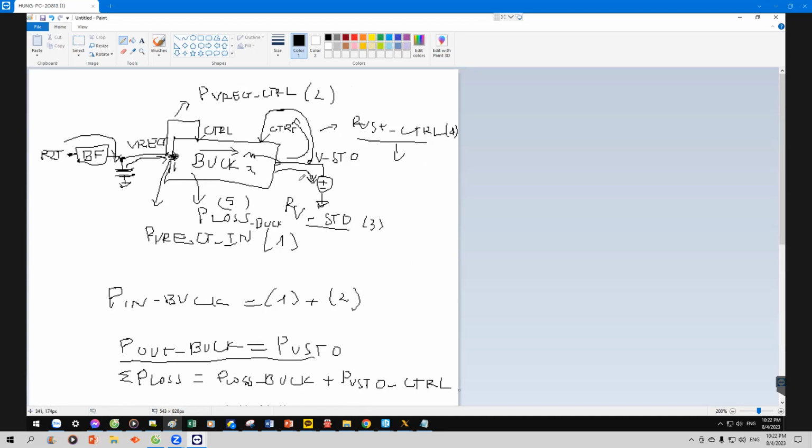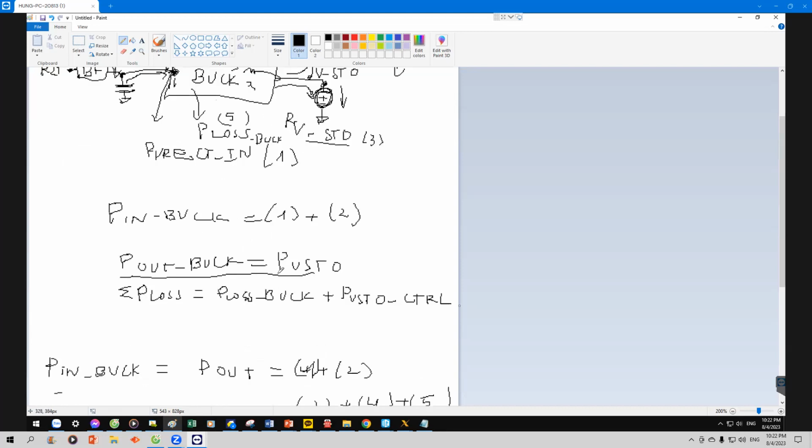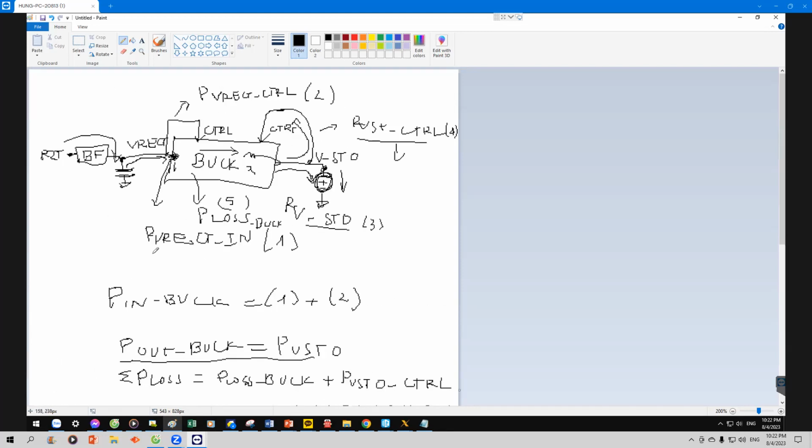So in simulation, the efficiency will be the input power going to this DC voltage over the power going to the P in here.